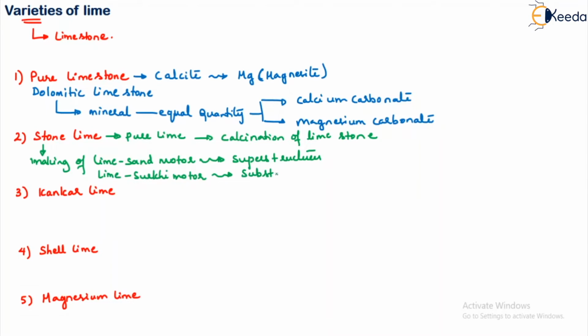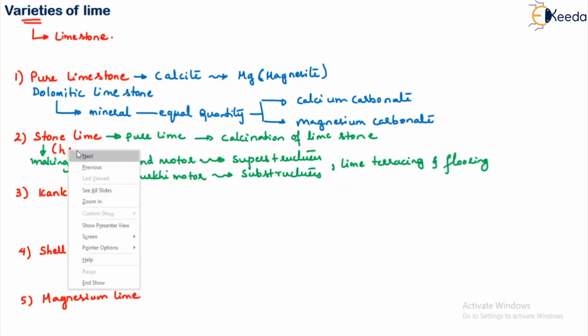This is used for the substructures. Also, we can use this type of lime for lime terracing, that is making the roofs and flooring. So generally the stone lime will have a lot of hydraulic properties.